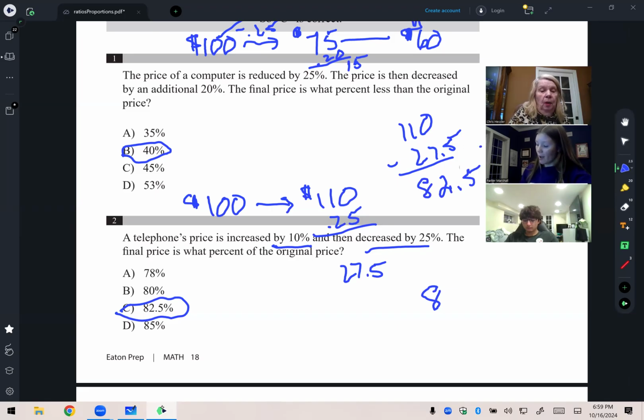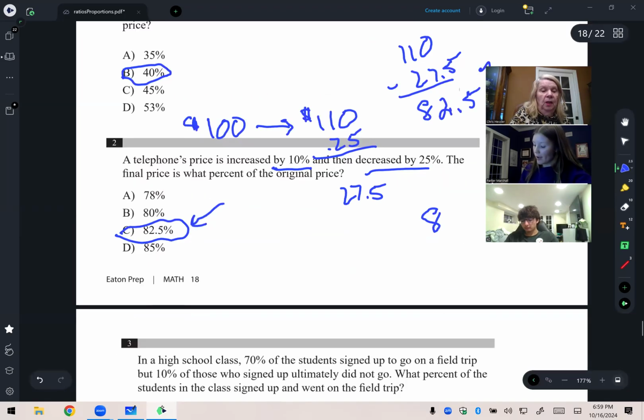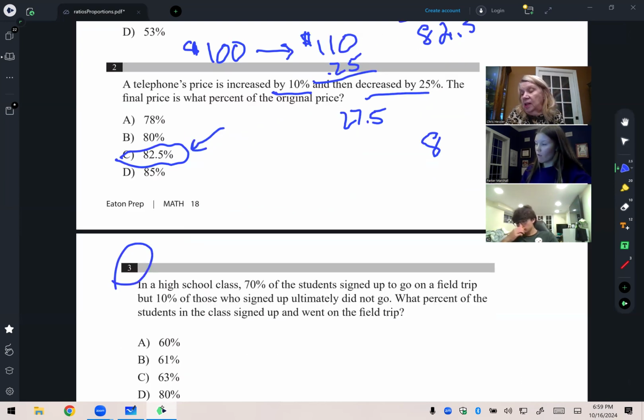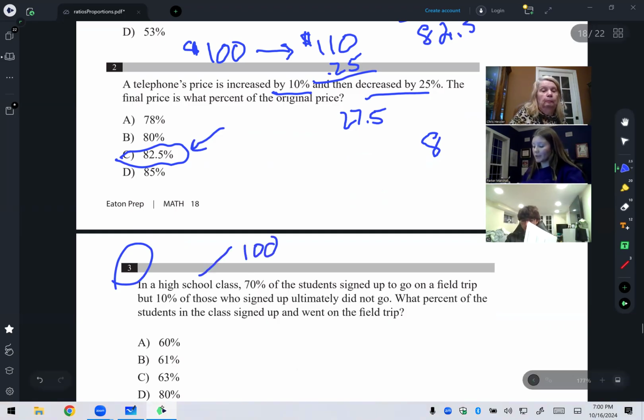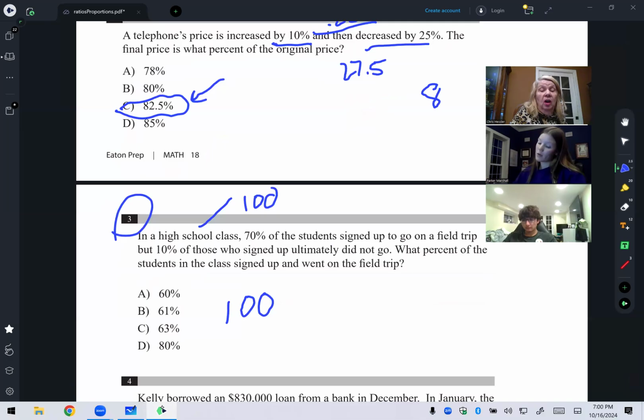All right. Let's do the next page. Then we'll do a couple book problems. We'll do density and we'll be done. Okay, so let's say in the high school, there's only 100 kids. So we start with 100. 70% signed up for a field trip, so that's 70 kids on a field trip.